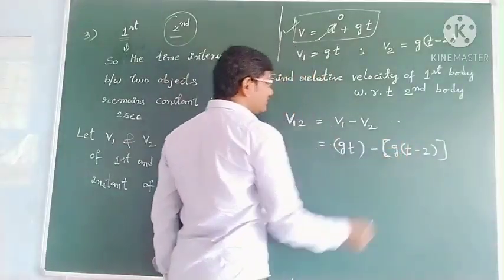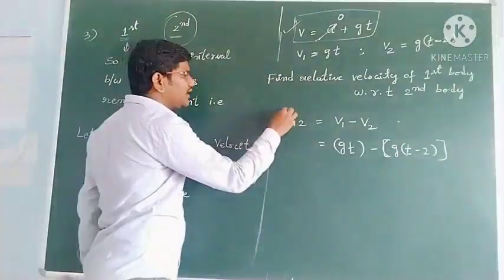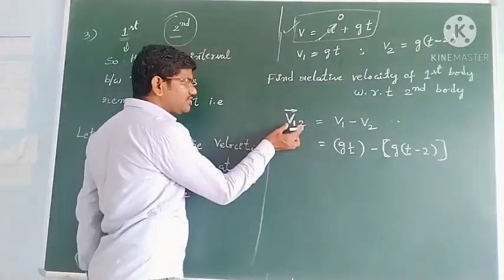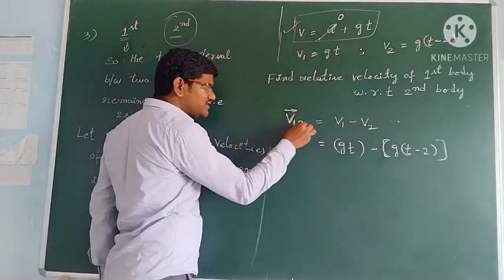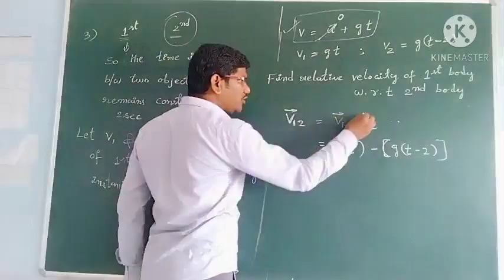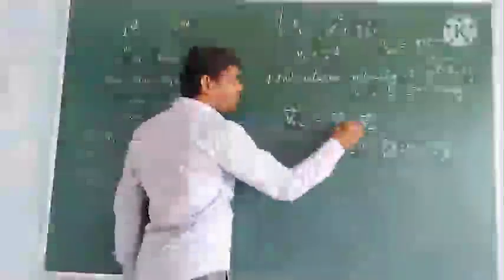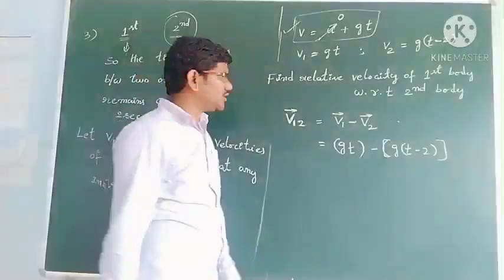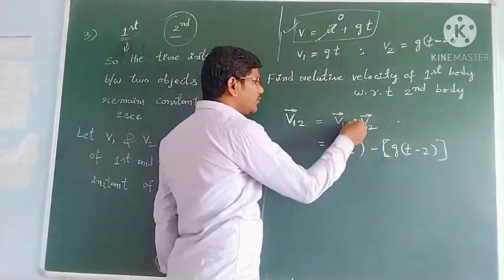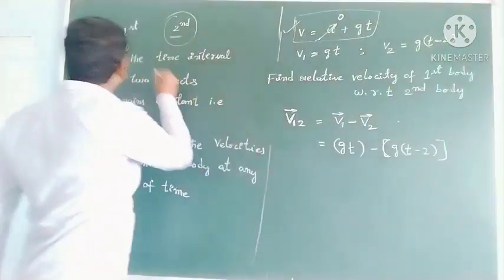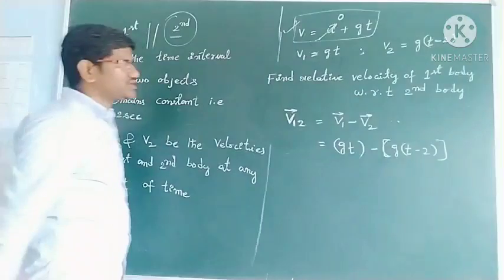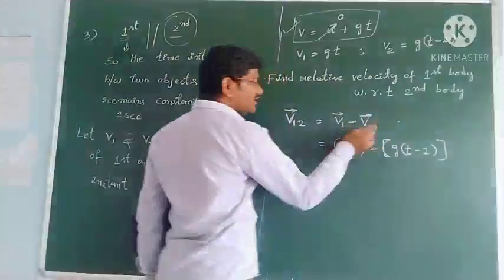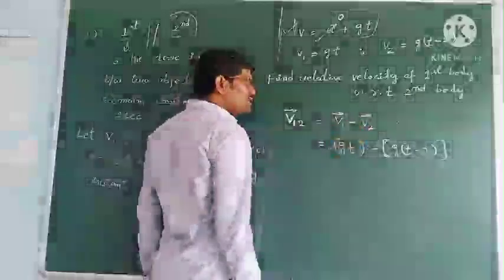Okay students, this is the formula for relative velocity: velocity of the first object with respect to the second object means velocity of the first body minus velocity of the second body. You have to do the vector subtraction. Since both velocities are in the same direction, you get a direct v1 minus v2.